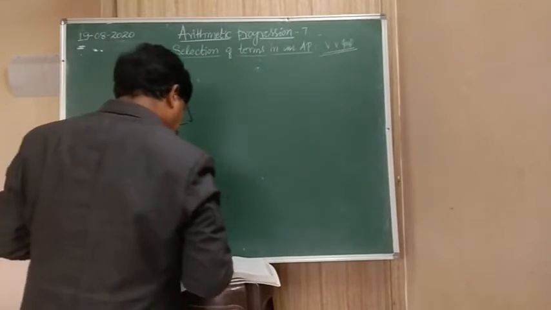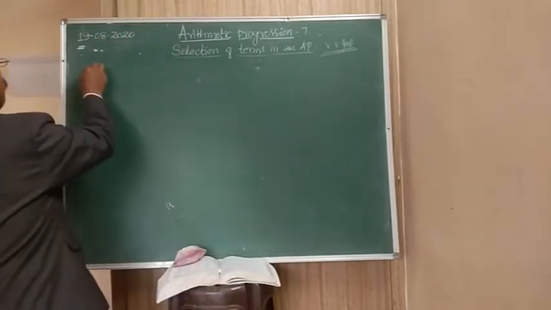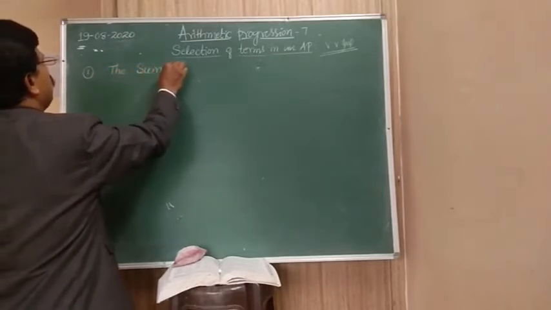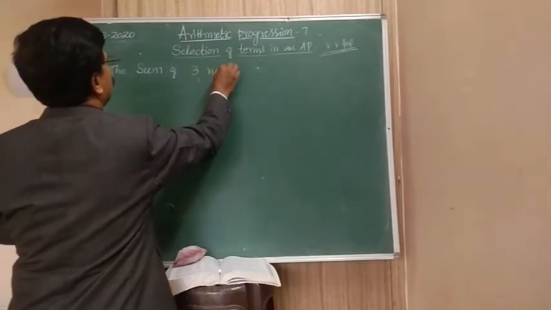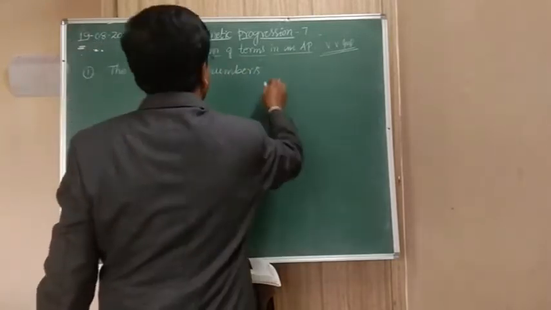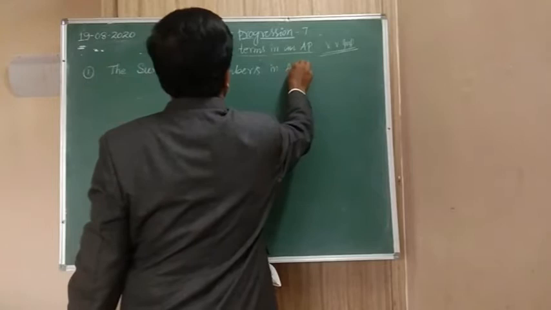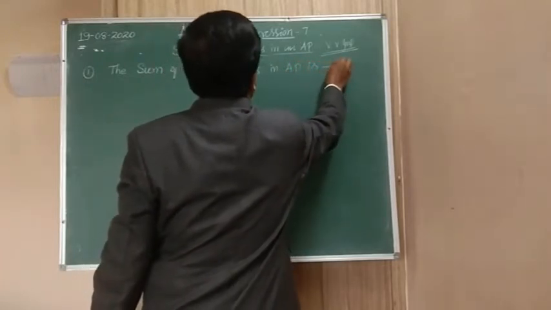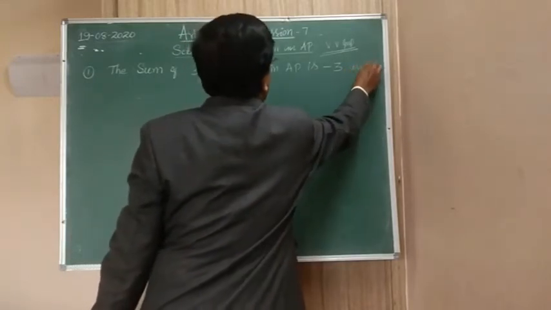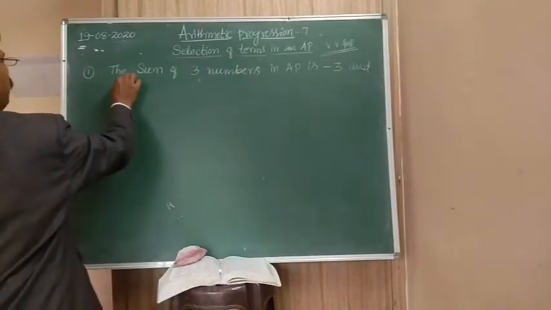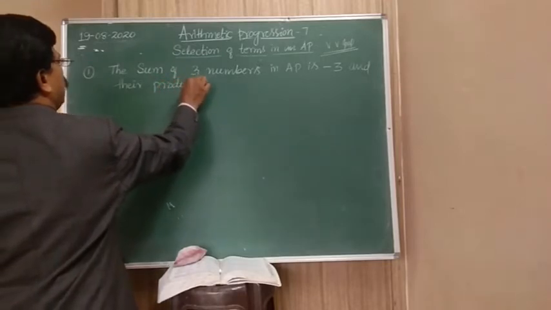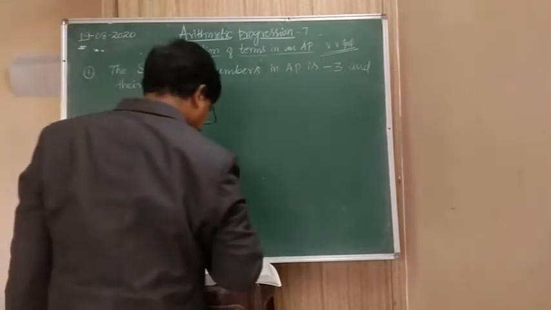The sum of three numbers in AP. First question: the sum of three numbers in AP is -3 and their product is 8.